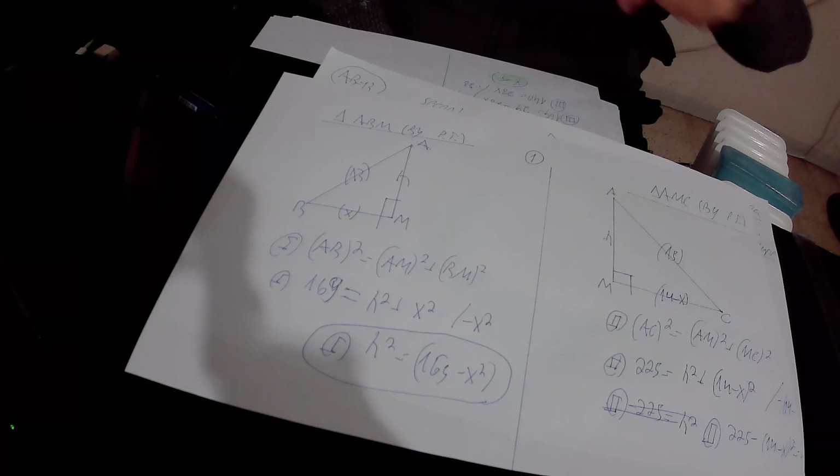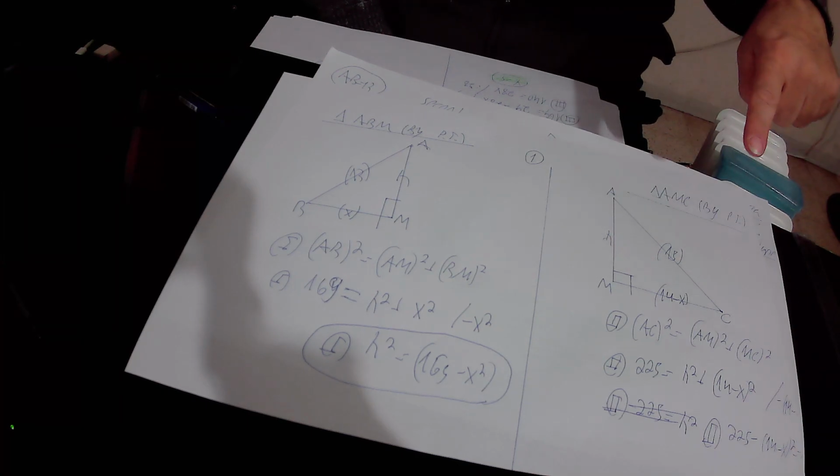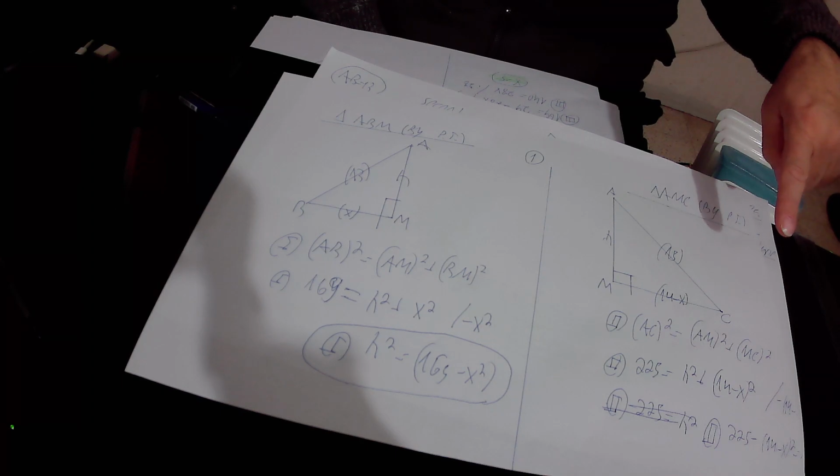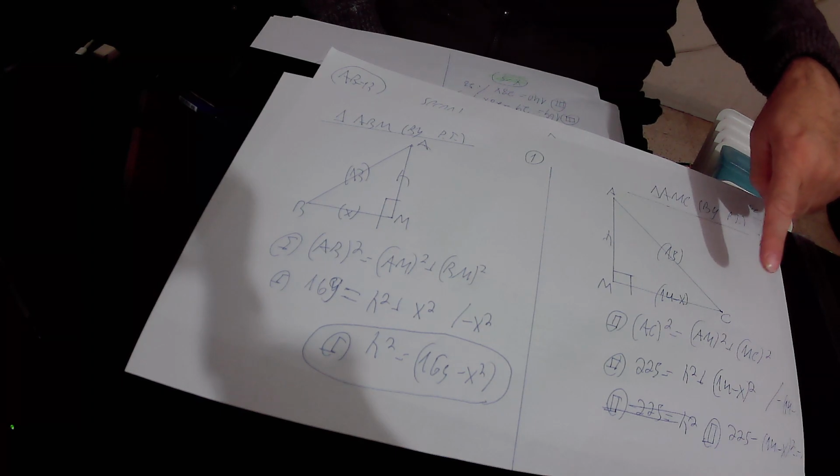So according to equation number 2, 225 equals 8 squared plus 14 minus X, squared.